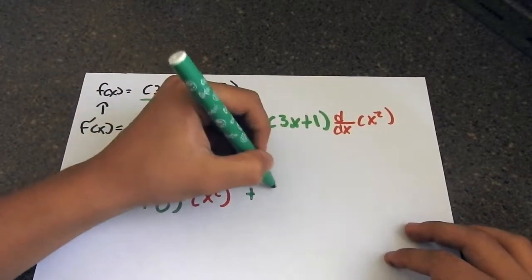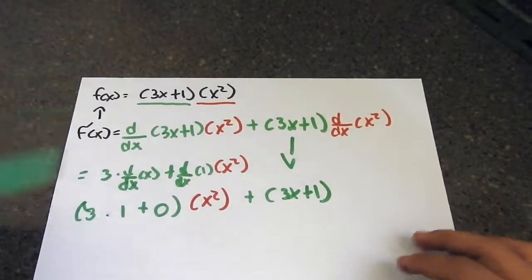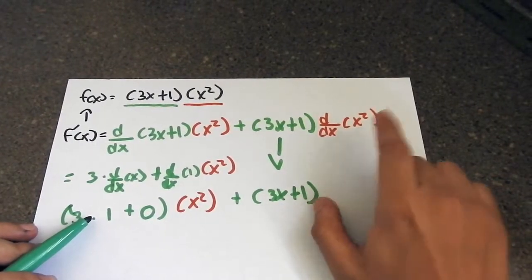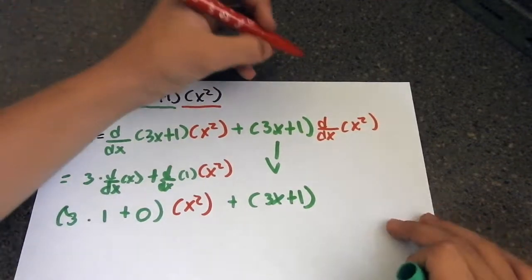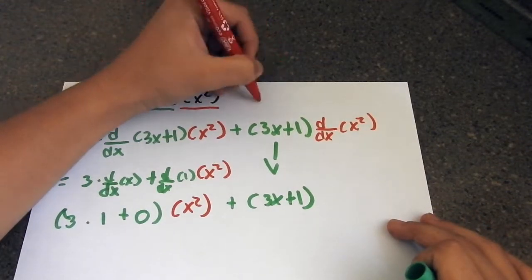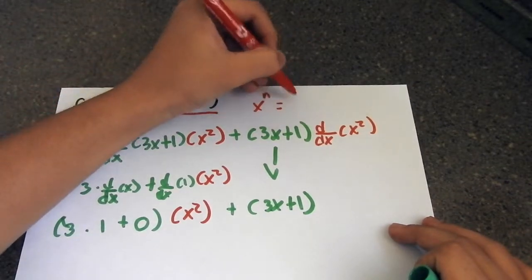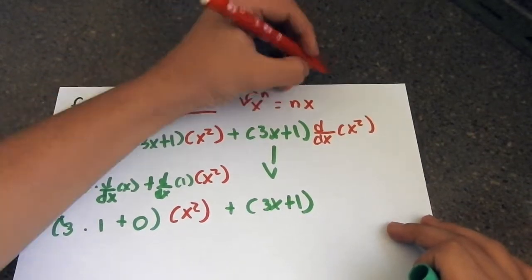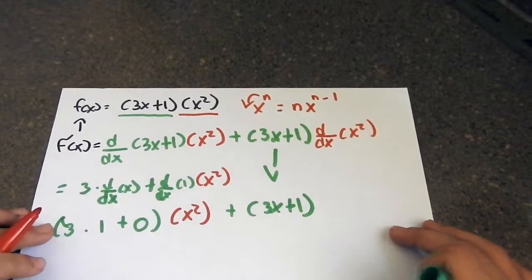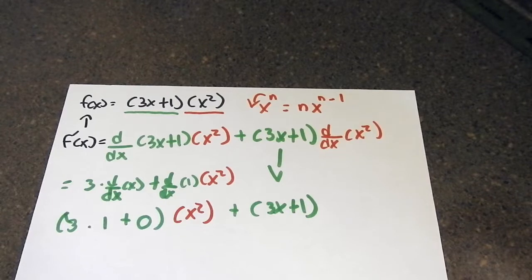And over here we have 3x plus 1, and now we have to apply the derivative of x squared. In the previous video, the power rule, we said that when we have x to the power of n, to take its derivative we bring n down, n times x, and then we subtract 1 from the exponent. So following this logic, the derivative of x squared is going to be 2x.